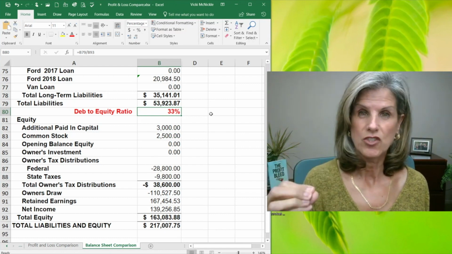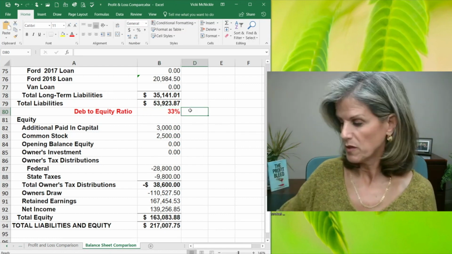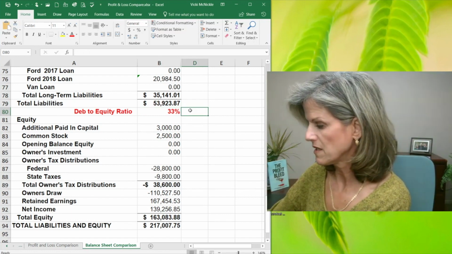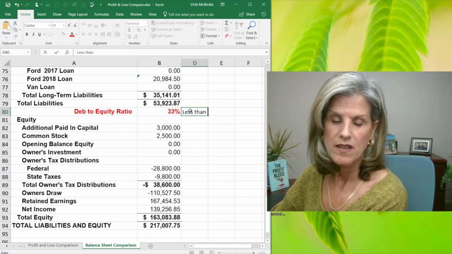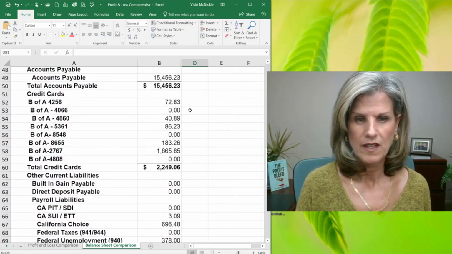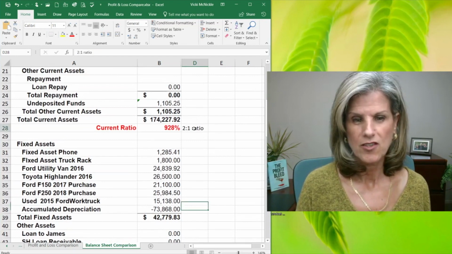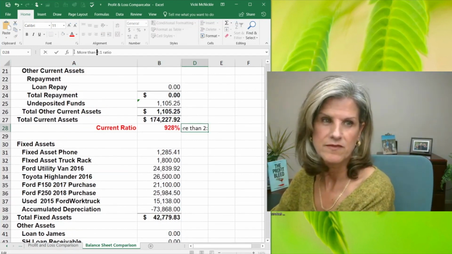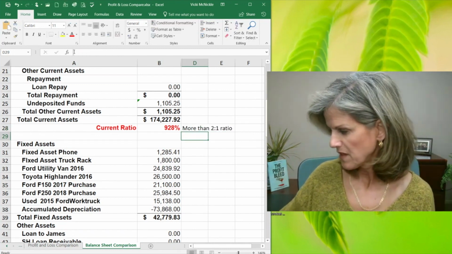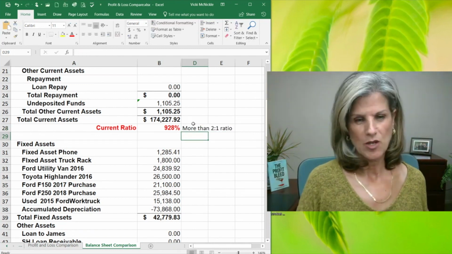That's good. Those are good numbers. So our goal here, remember, is to have this be less than a 2-to-1 ratio. And this current ratio, you want this to be more than a 2-to-1 ratio. Now let's talk about why those numbers are important.